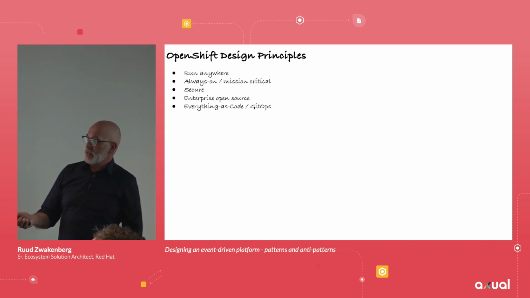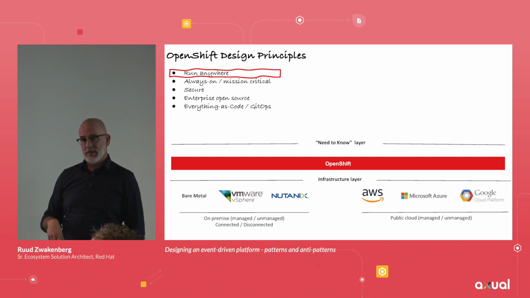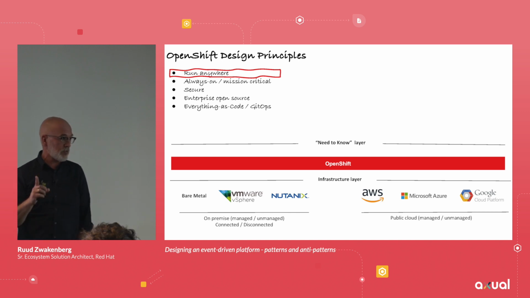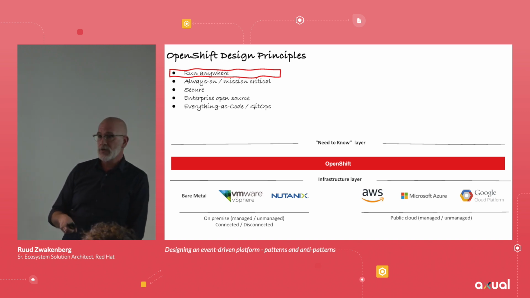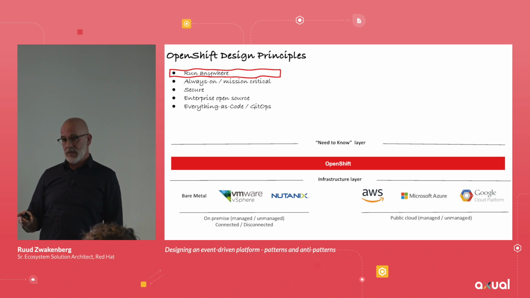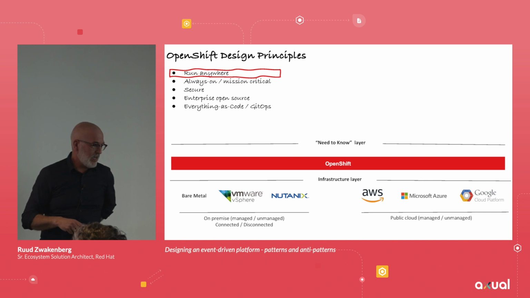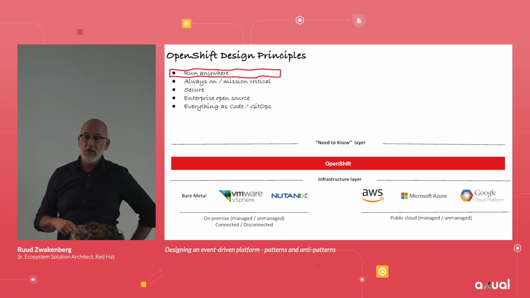So I want to start with run anywhere. That was very important for OpenShift, right? That it is able to run anywhere, because our customers have workloads everywhere and anywhere, right? Especially the grid operators. They have workloads that are only allowed to run in a disconnected data center.